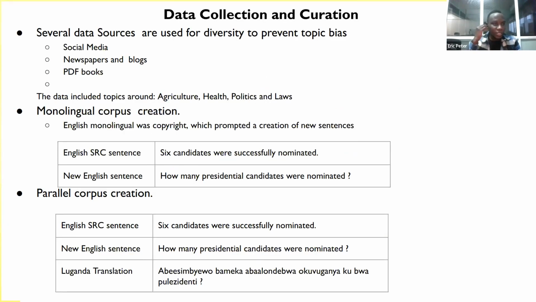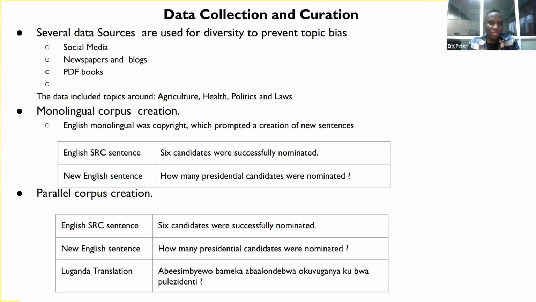For this case study, we tried to cover as much ground as possible while collecting the data. The sources were social media platforms in the country, newspapers and blogs, and also PDF books in Luganda. The first idea was to collect an English monolingual corpus, which would later be translated into a parallel corpus.